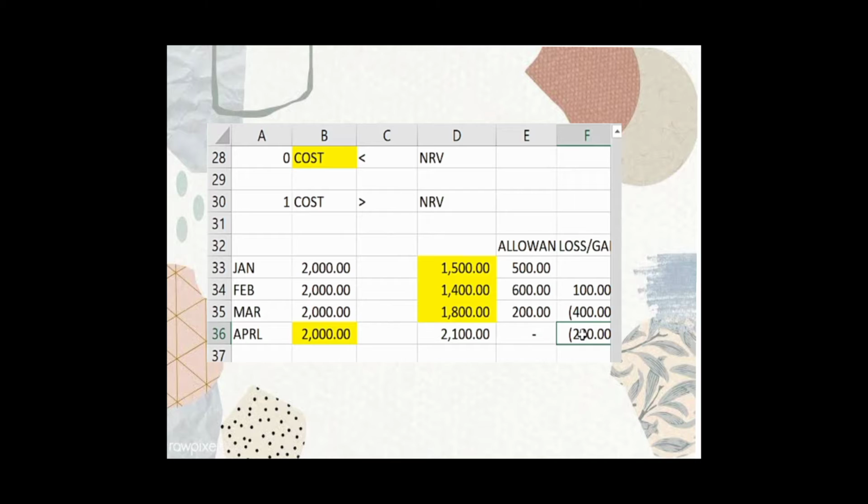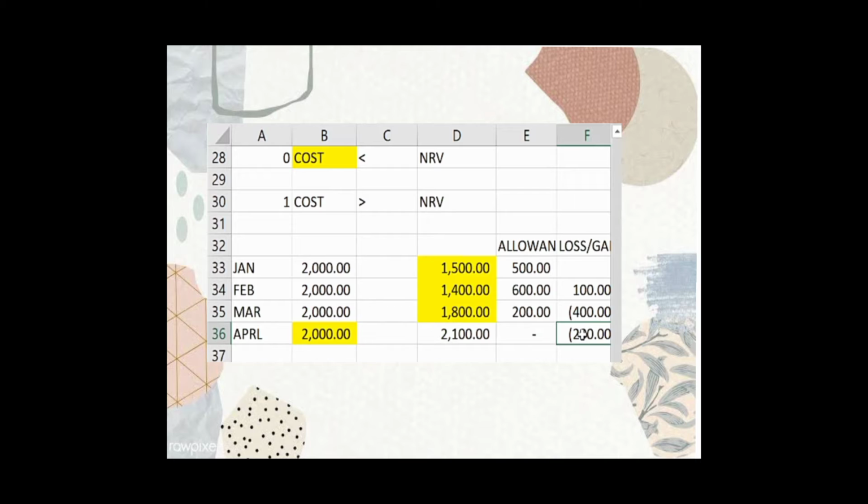Ima-minus lang ang 2,000 and 1,800. So, meron ka ditong reversal of inventory write-down kasi magkano allowance mo ngayon, 200 na lang. By this time, meron kang gain na 400 because there is decrease in allowance. So, allowance decrease, yung 200, ang 600 increase.